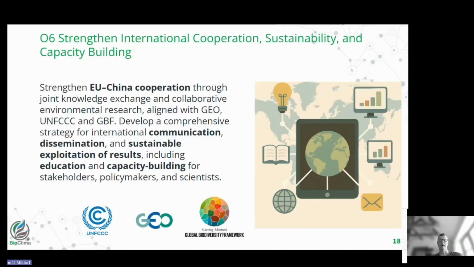And I think this is the last one, so strengthen international cooperation, so especially with China. So we are also aligned with GEO, UNFCCC, GBF, the Global Biodiversity Framework, and many other initiatives.